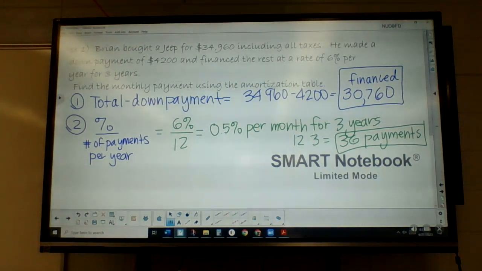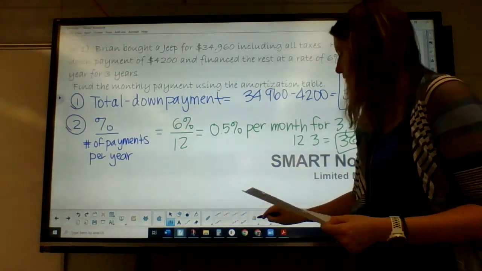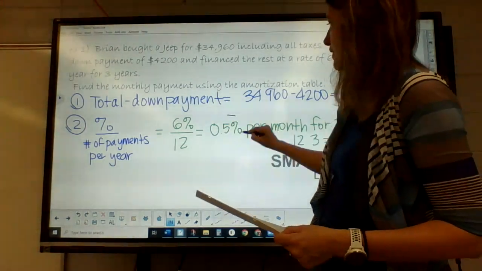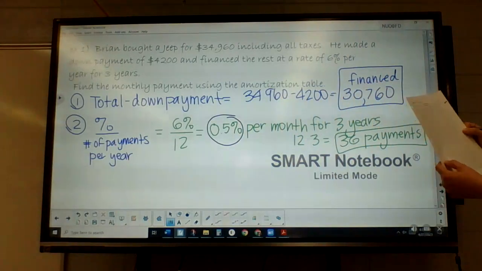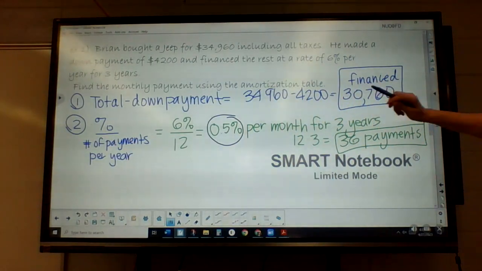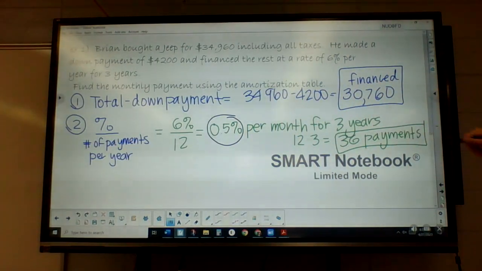Guys, that's the period on this table. So down the side, you're going to go down to 36. He's making 36 payments. Now, we look at this 0.5 is the number we're going to use. So we're not using the 6. We're using how much per month for 3 years. So 36, we're going to go 0.5, which is the first column there.